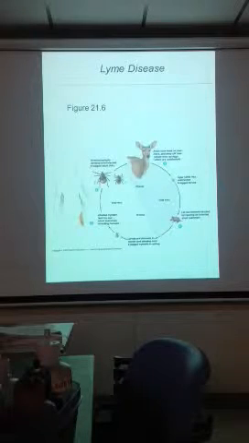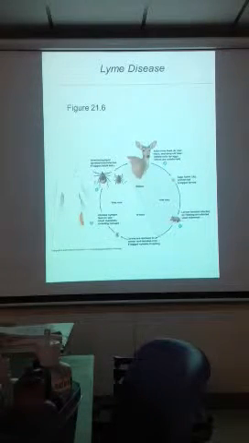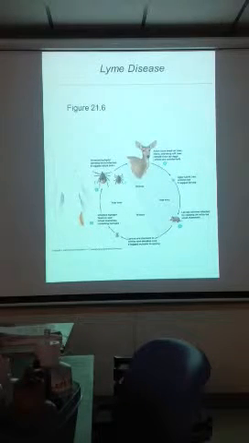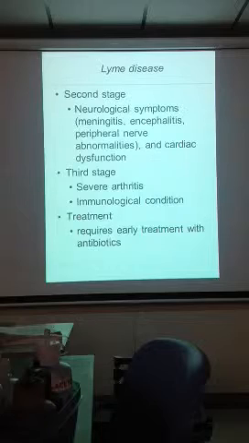There's always concern that as we develop more suburbs and go more and more into the wooded areas, this could become more of a problem because Lyme disease is there.